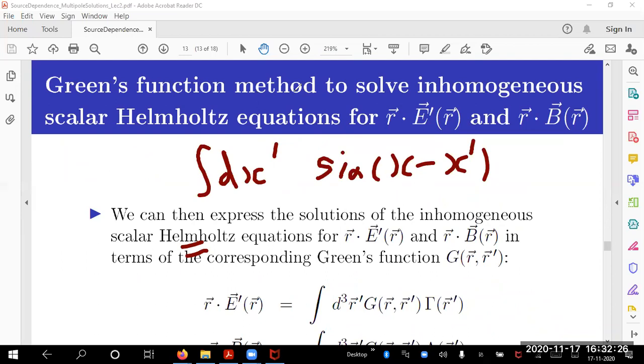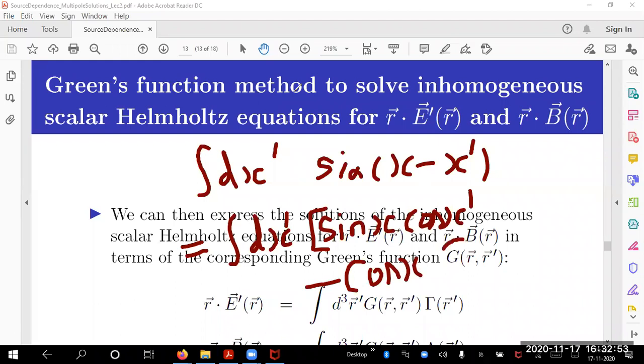Sin x cos x prime is one term, minus cos x sin x prime.